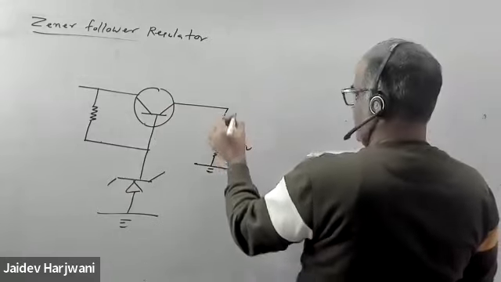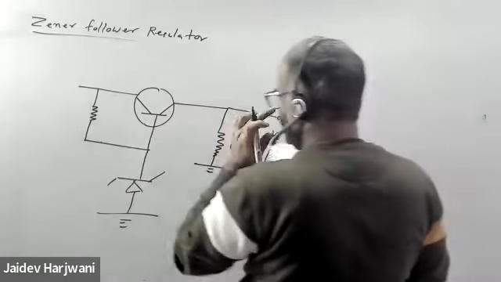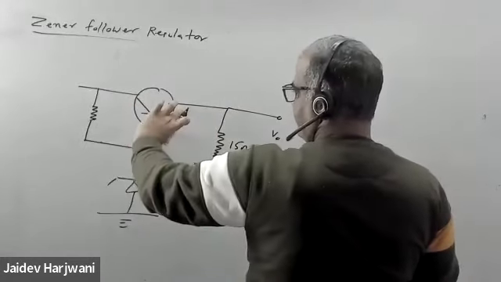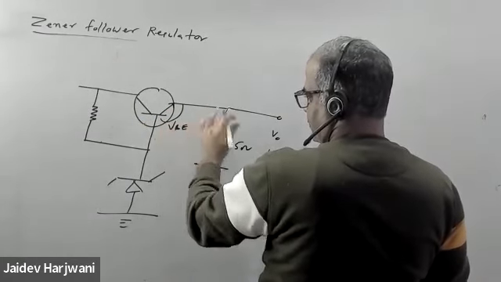I am taking the voltage across this load. This is my emitter, this is my collector. So this is again VBE. This is your circuit.